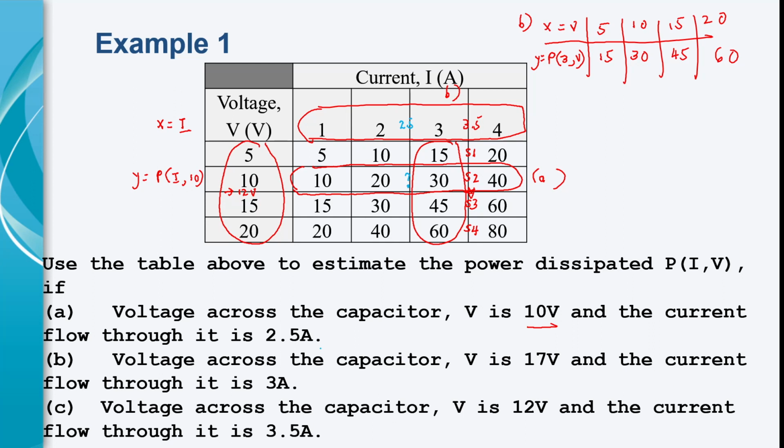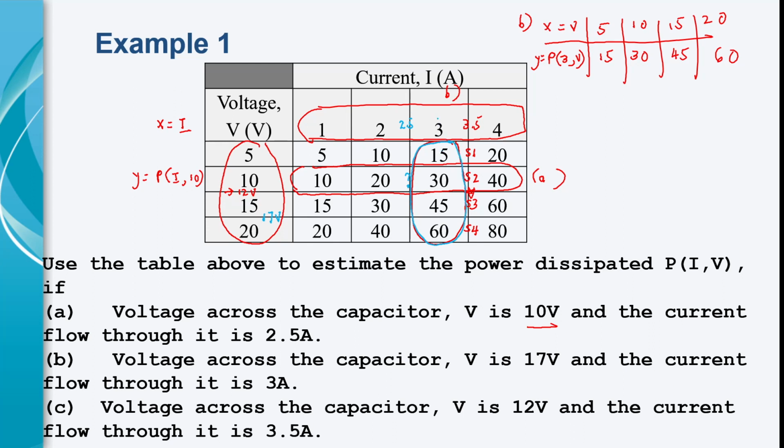Question B: the voltage V is 17 volts, which you cannot read directly from the table, and the current is 3 amperes. Hence for question B you can read the column for current 3 directly.